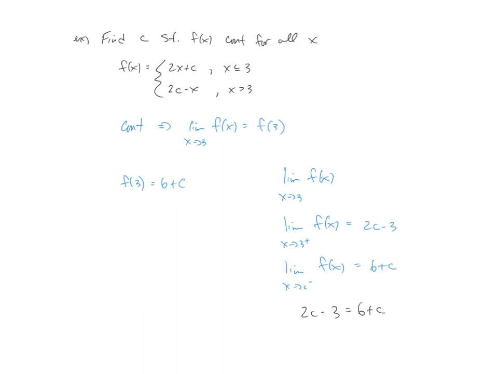But because we've got a repeat here, it makes sense just to put these two things together like I have. So again, to be clear, for this thing to be continuous, all three have to be the same, but you can see two are already the same. So then when I solve this, I get c equals 9, and that is where, if I plug that in, I will make my function continuous over the entire negative to positive infinity interval.